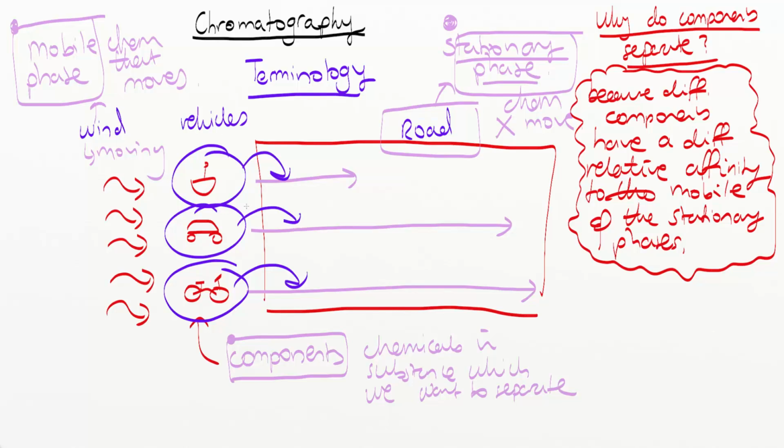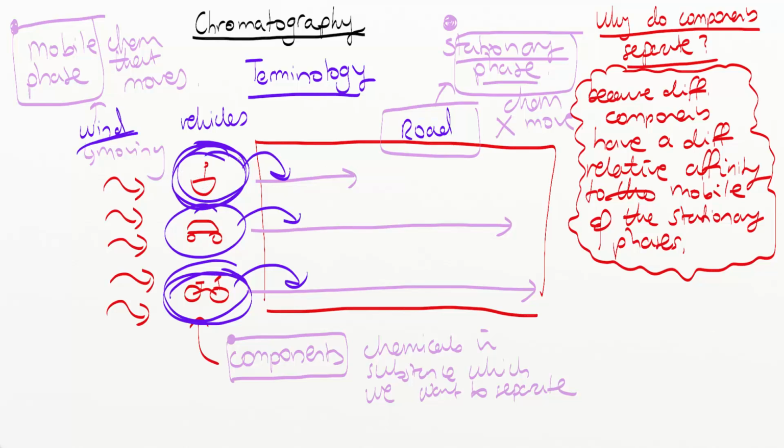So they move a lot faster. The affinity of the bicycle relative to the affinity of the boat is different, so they separate. We also realize that different vehicles will have a different affinity to the wind. For example, one chemical might be more attracted to the wind, so the wind pushes it better.